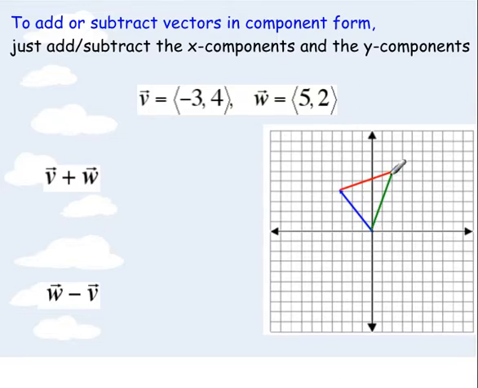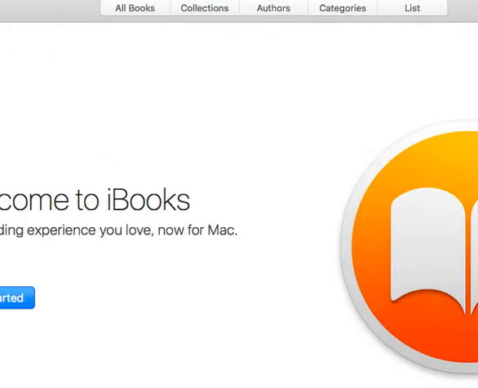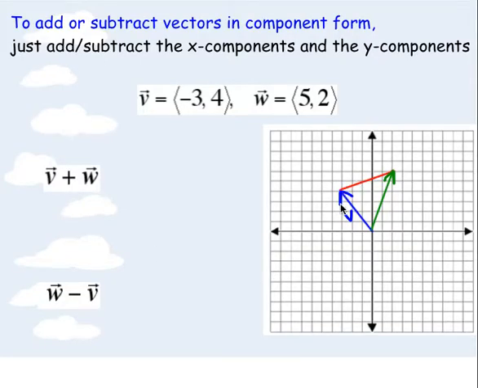To figure that out, I could just count how far over and how far up I have to go to get that green vector. I'm going to add the arrows into the other one. So the blue vector, that's vector v. The red vector started where the blue vector ended, and that's where it ended up.